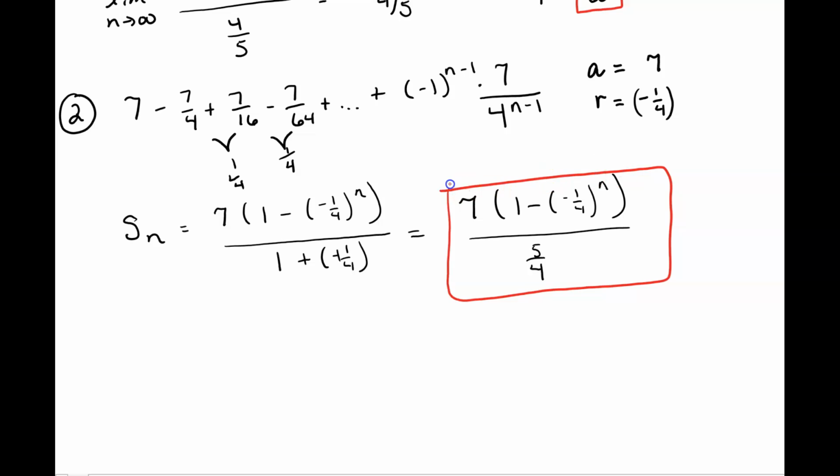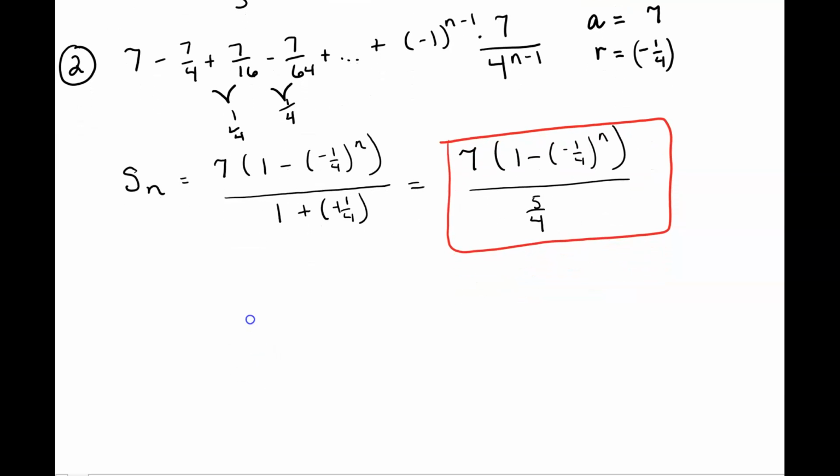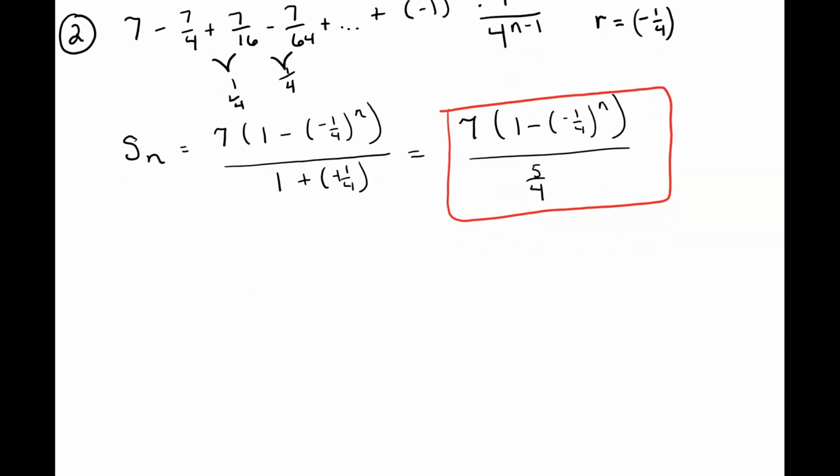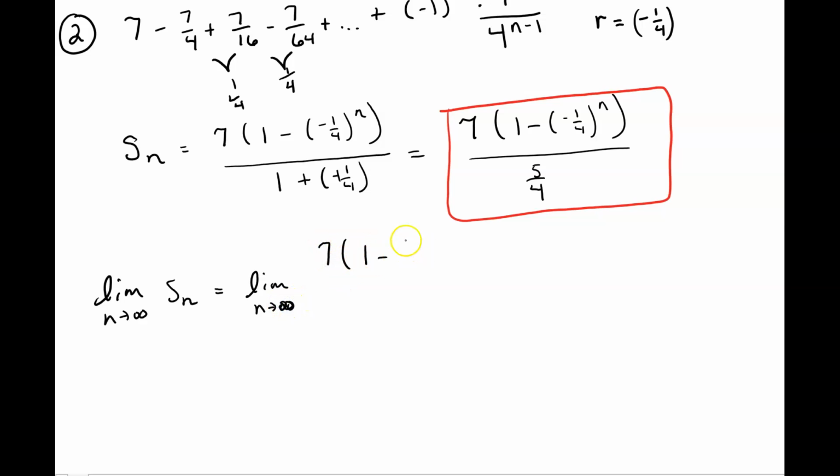All right, and then now that we've got that, okay, what we'll do is we'll find the limit of S sub n, and it's the limit as n goes to infinity, okay, of S sub n. It is the limit as n goes to infinity, then of 7 times 1 minus a -1/4 to the nth power, divided by 5/4.